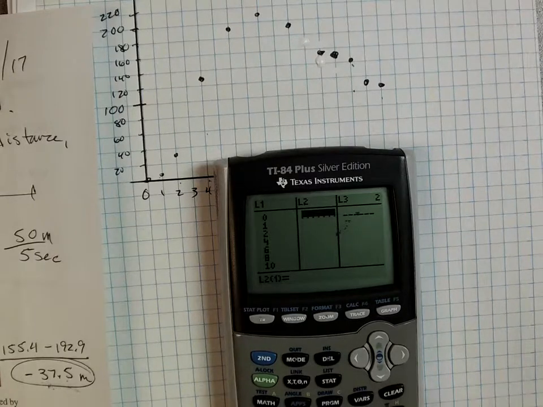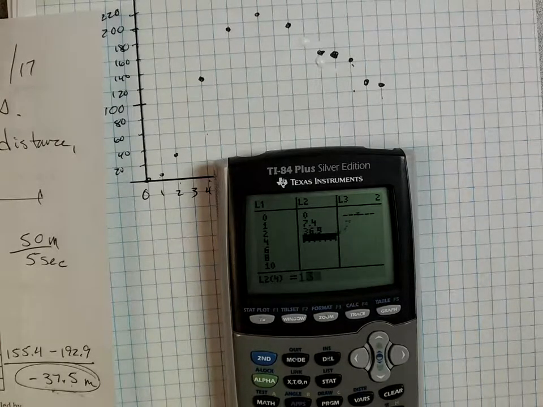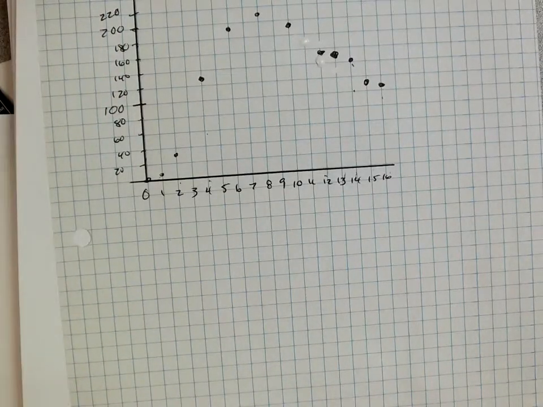Go over list 2, 0, 7.4, 36.9, 134.2, 212.3, 192.9, 170.8, 155.4, 47.7, 141.9, 130.8. Okay, I got them in there. All right. Okay, and I'll wait for you guys.